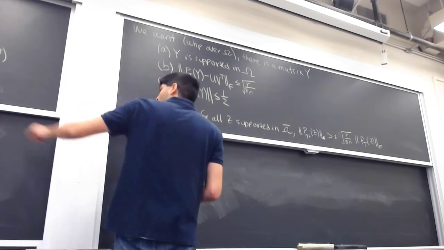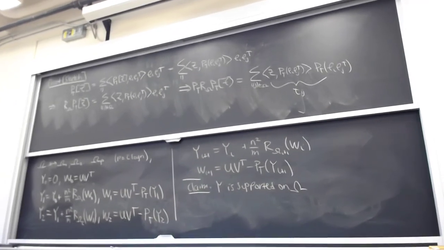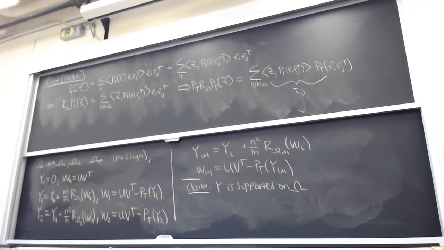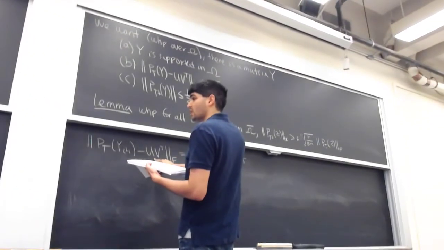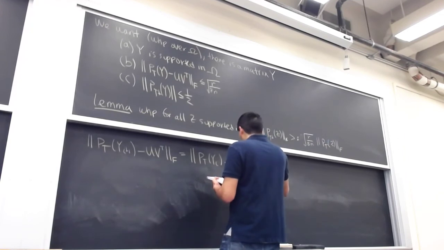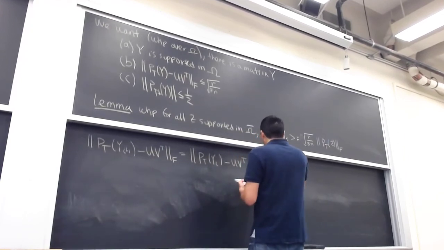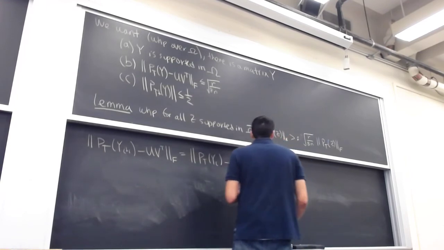And now let me just write out what y_{i+1} is. So we can write this out as just the Frobenius norm of PT of y_i minus UV transpose, and now I need to take the n squared over m PT R_{omega_{i+1}} of W_i.